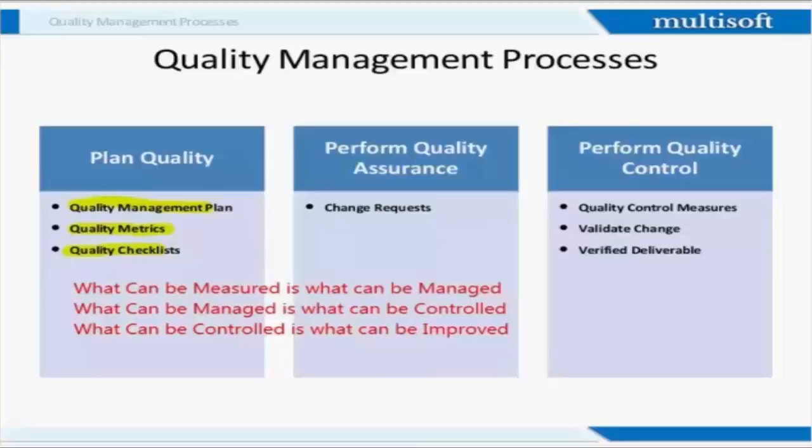And then we come to quality assurance. What is the difference between assurance and control? Assurance is evaluation of whether it is compliant to the requirement and the standard. Assurance is ensuring a good process to meet requirements, so the process gets audited.